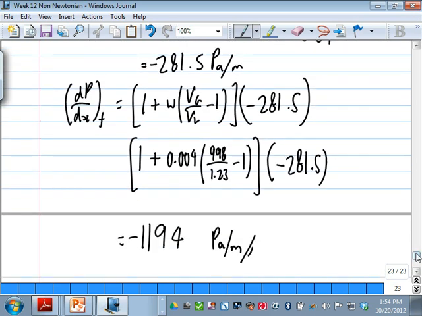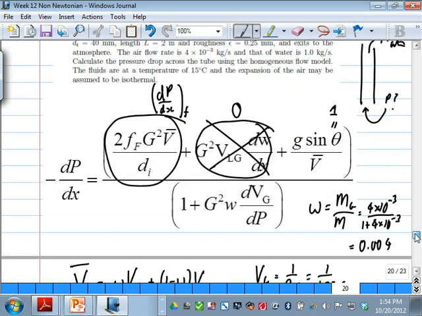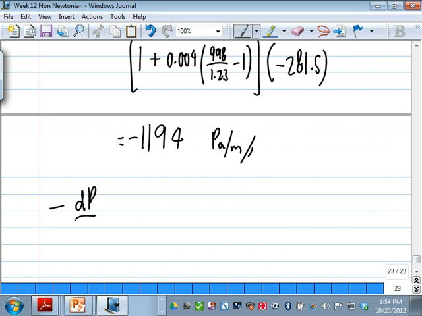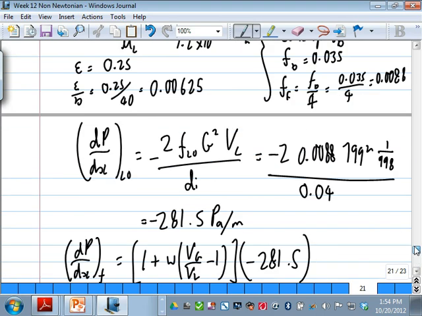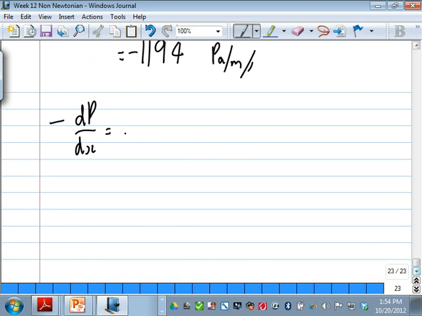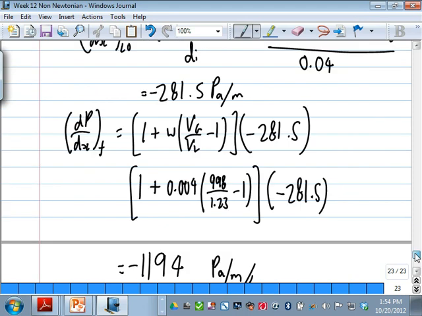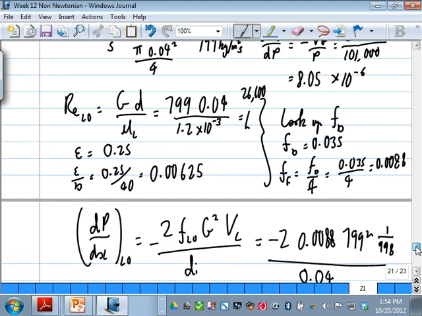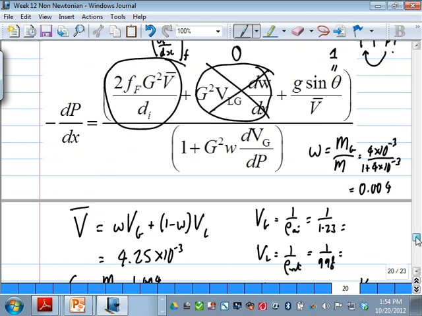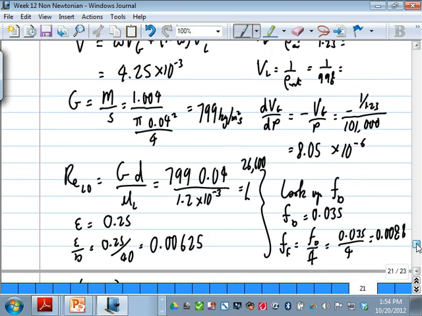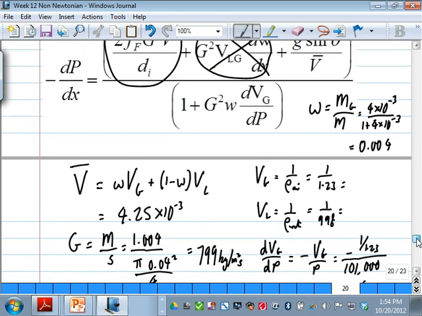Okay. So the final step is to put it all back in here. Minus dP/dx is equal to this first term, which is minus 1194. Second term is 0 plus 0. Third term is G, with 9.81. What is v bar? v bar is 4.25 times 10 to the minus 3.